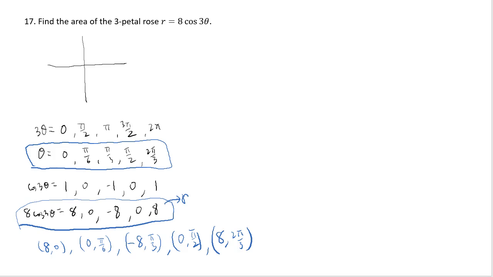See, what I did was I just paired each r value with the theta value. Okay, so let's try to plot that here. At angle 0 degrees, you have to go out till 8. So that's where you begin.